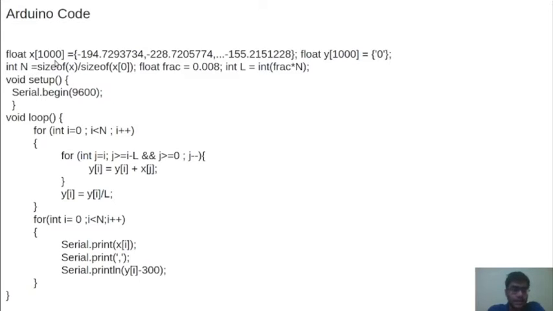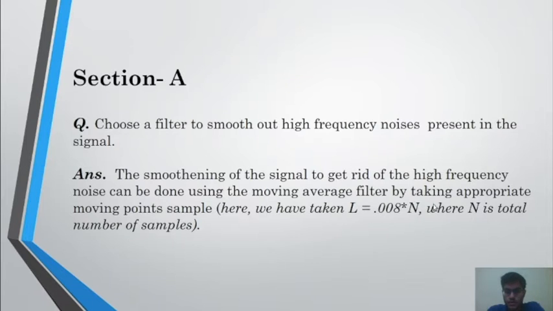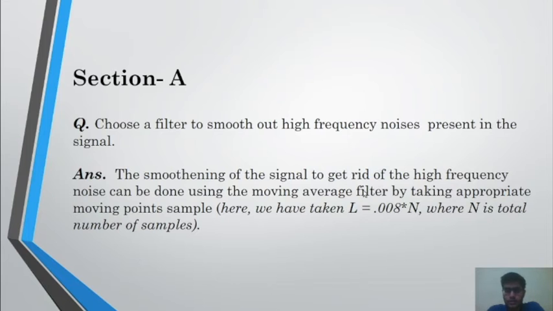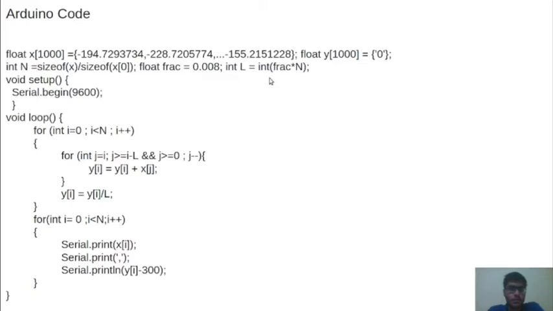Then n, by this we are finding how many samples there were, and this is the fraction value 0.008 which we chose here, and L is equal to frac into n. So this equation only we are using here.